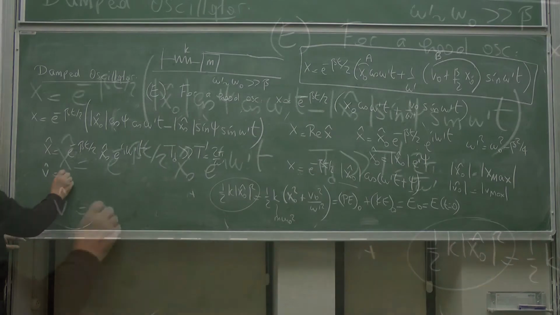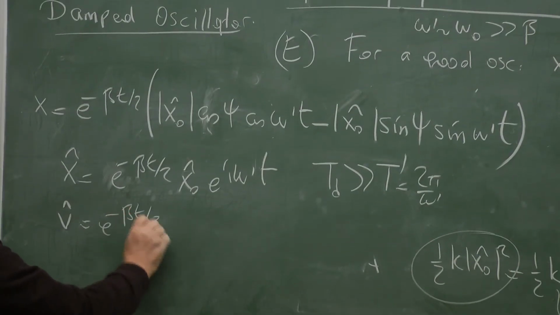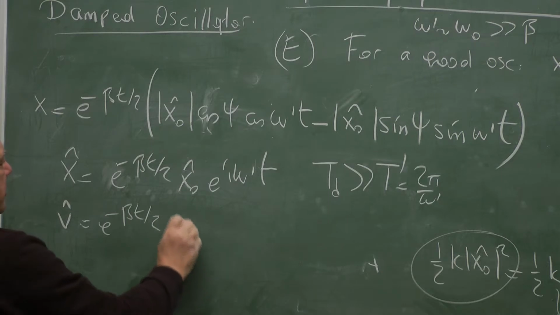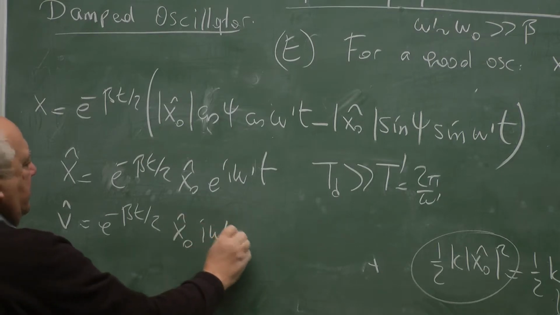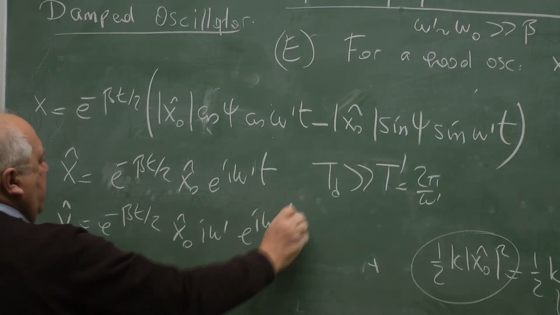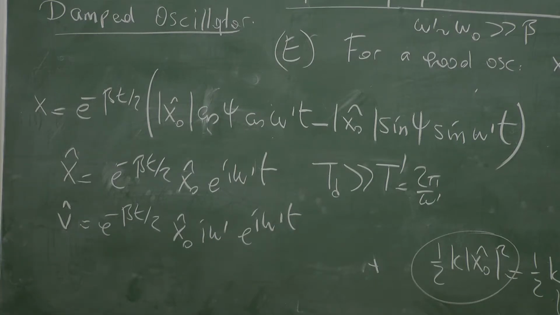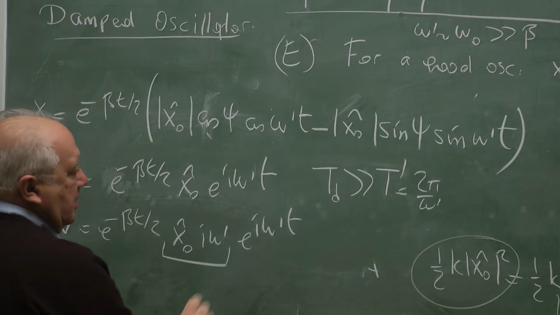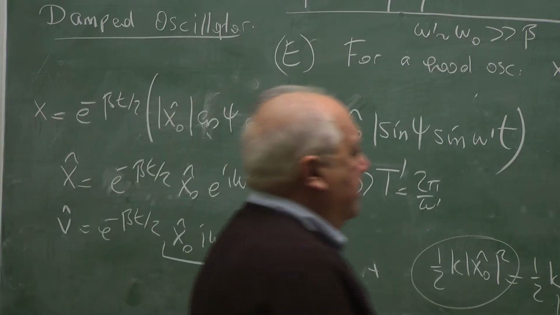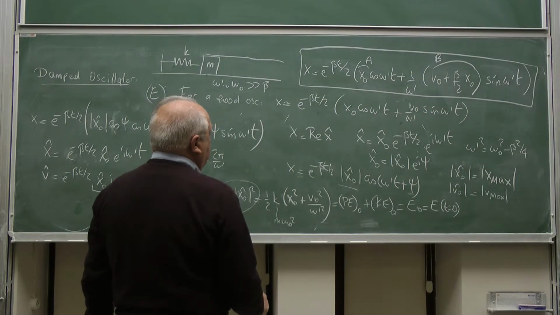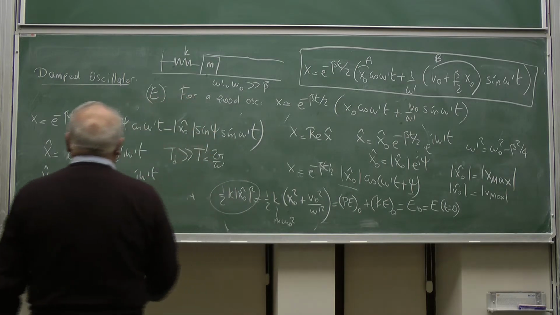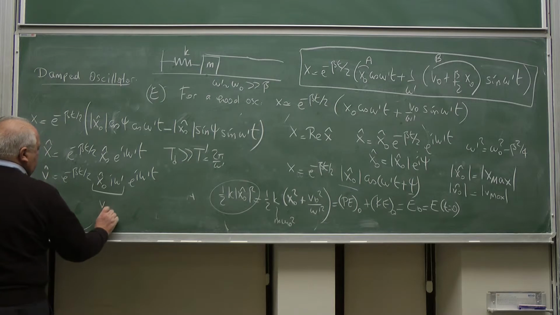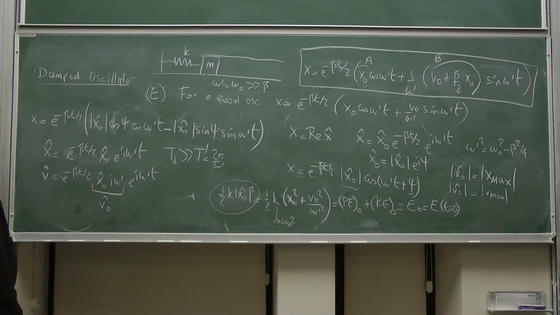So this is simply e to the minus beta t over 2, x0 i omega prime, e to the i omega prime t. So this is now v0.